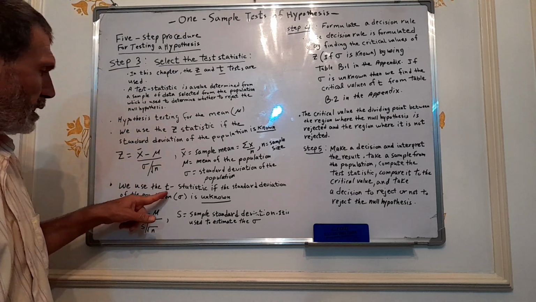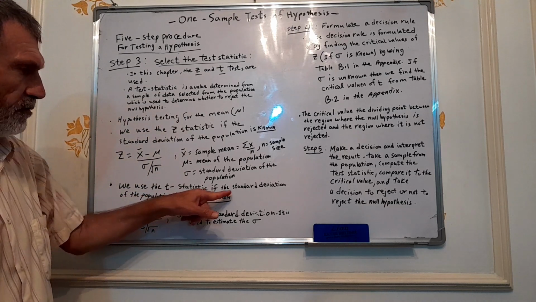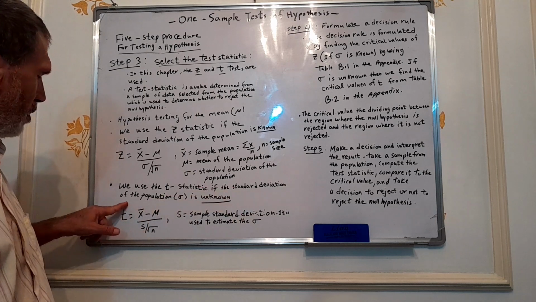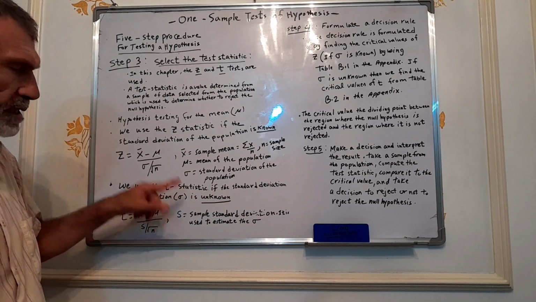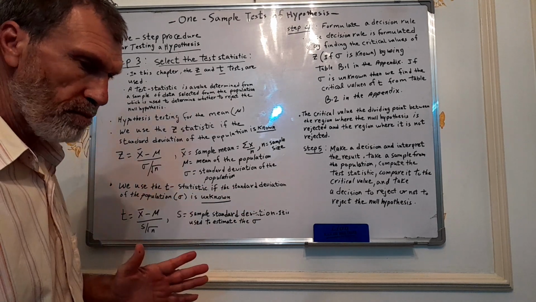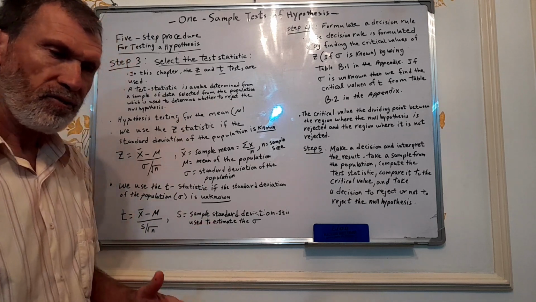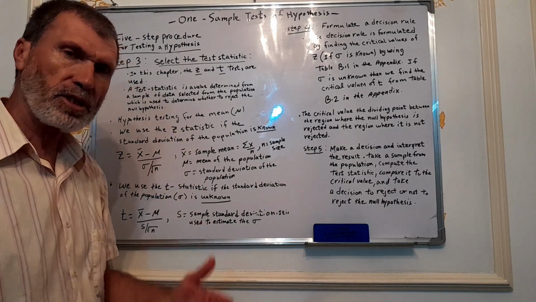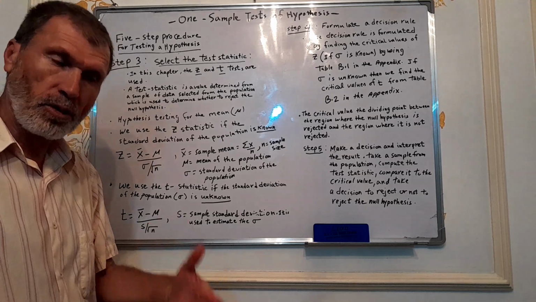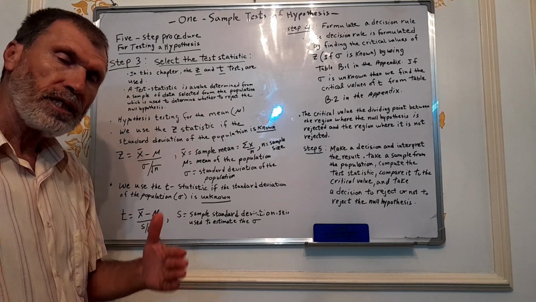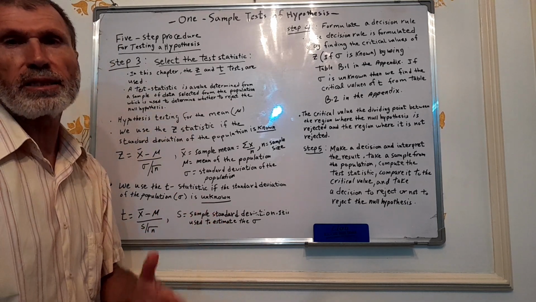We use the t statistic if the standard deviation of the population, sigma, is unknown. So in the problem that we are solving, if the standard deviation is not mentioned, that is, it is unknown, then instead of z, we will use the t statistic.